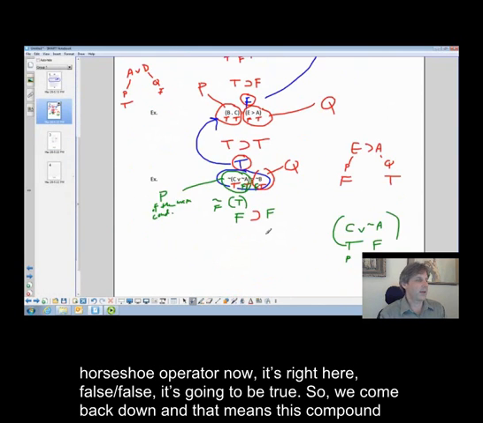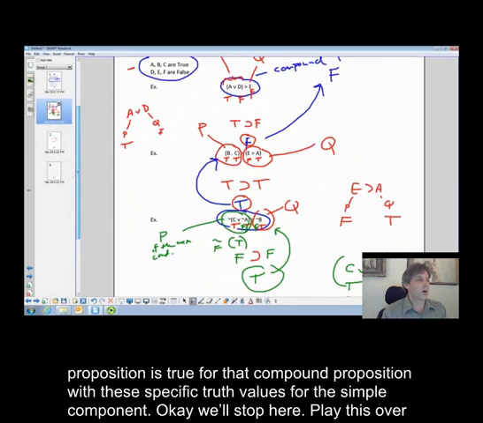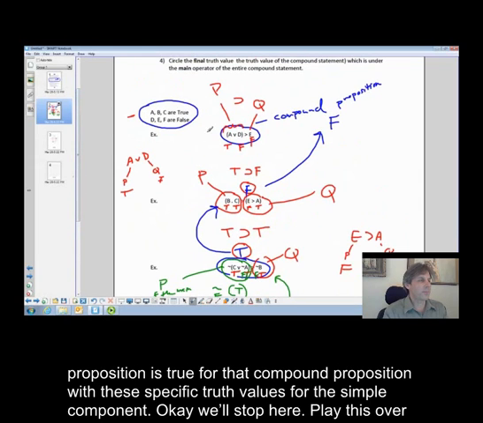So we come back down, and that means this compound proposition is true for that compound proposition with these specific truth values for the simple components.